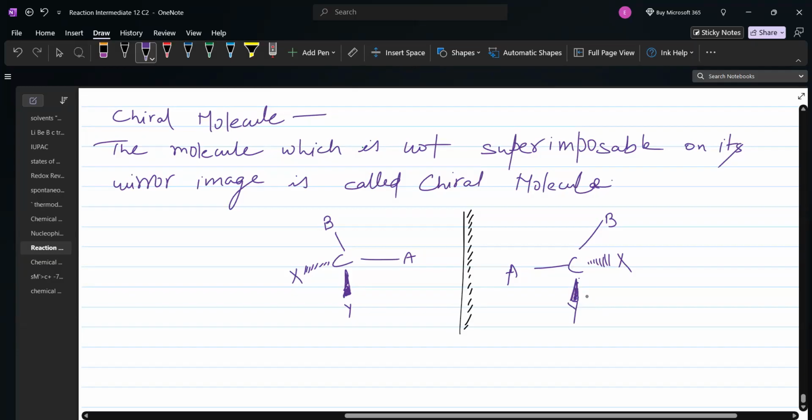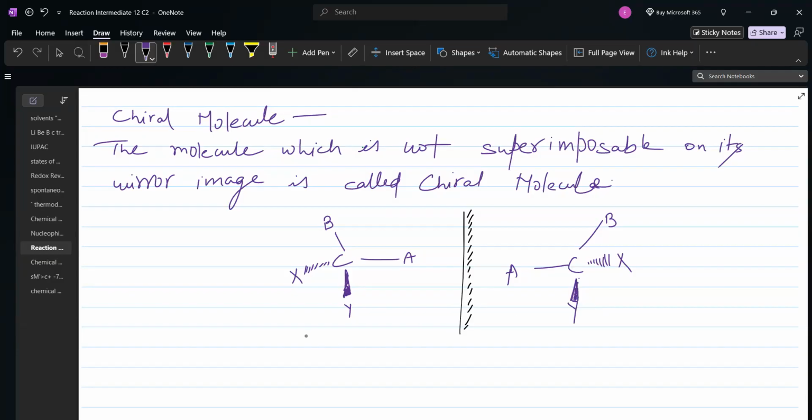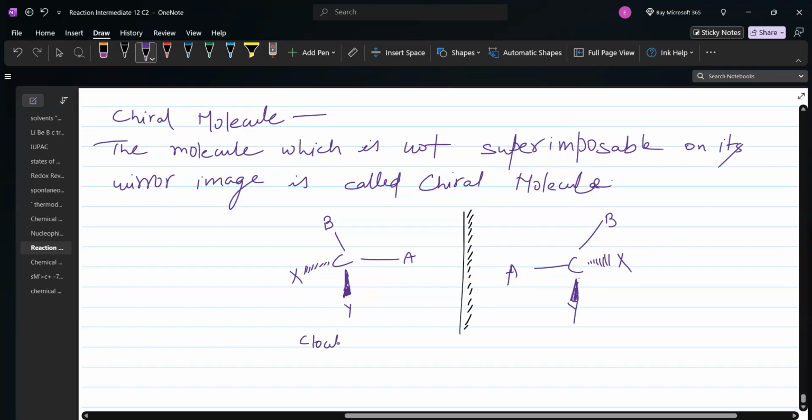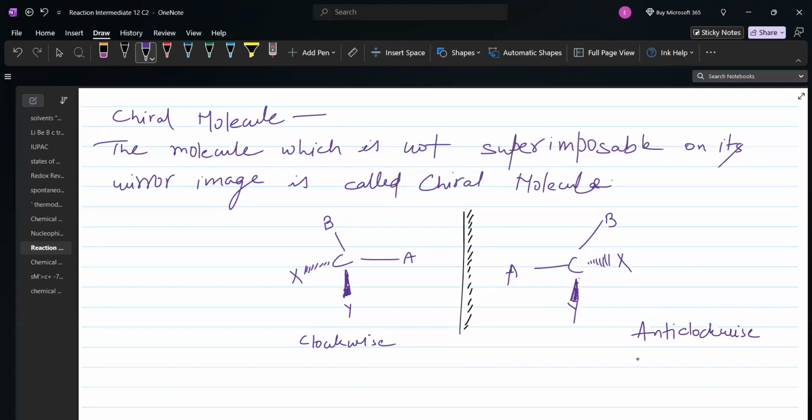Okay. So let's assume that this is rotating plane polarized light in a clockwise direction. Since this is a mirror image of it, it will rotate the PPL in an anti-clockwise direction. Clockwise, anti-clockwise, these two you have to remember.